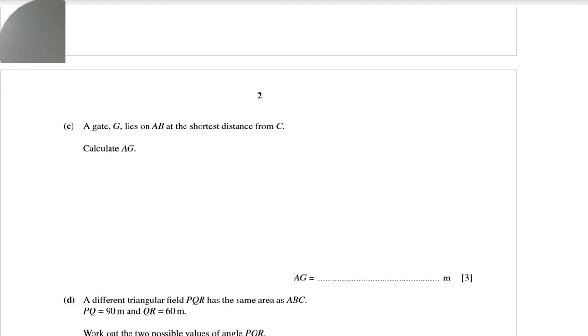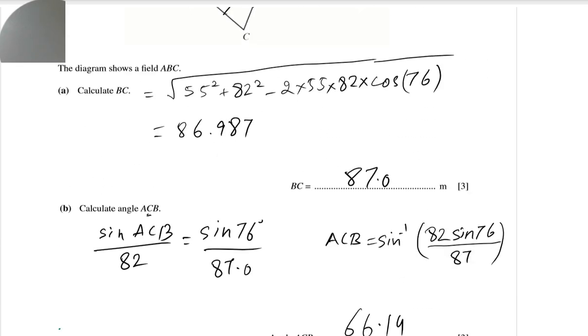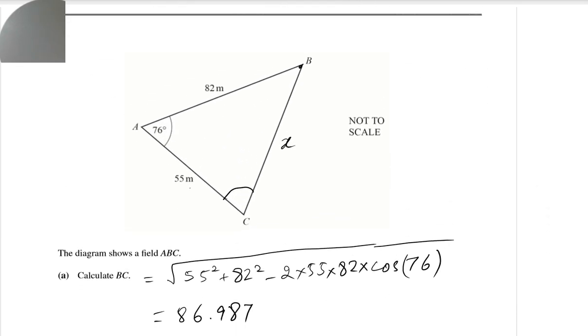A gate T lies on AB at the shortest distance from C. So whenever this word is used, shortest distance, it actually means the perpendicular distance. So shortest distance from C to AB is your CG. Shortest distance from C to AB.